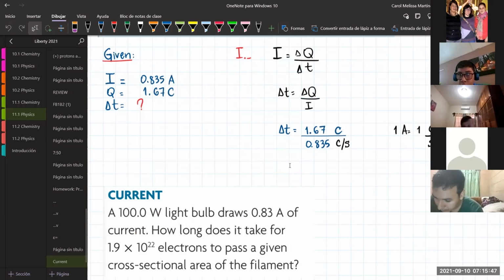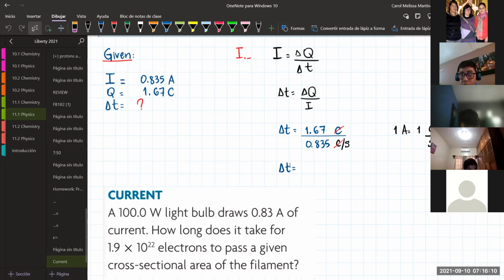Okay? So in this way, you are able to cancel coulombs with coulombs, and the remaining unit will be seconds. So delta T, how much is this? 2.